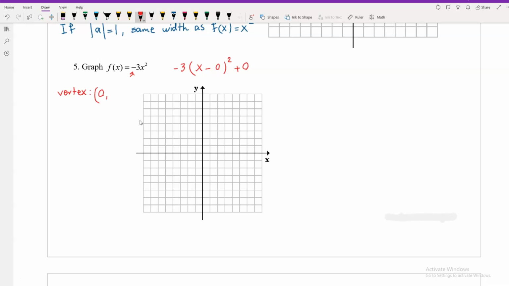So the vertex is (0, 0). Axis of symmetry, x equal to 0, because this is what we have here on this board. And a is -3, and that is less than 0. So this graph is downward.